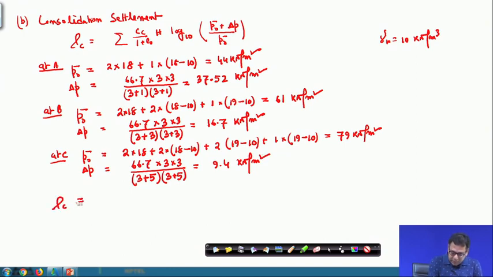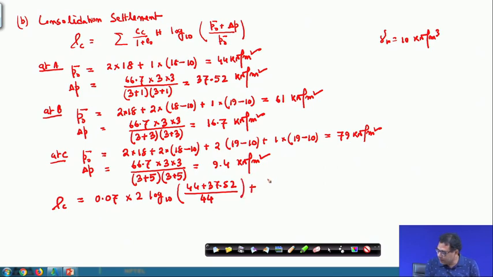So, the settlement value is coming out to be, this is for the first layer, Cc divided by 1 plus e0 is 0.07, thickness of the layer is 2 meter, and this is log10, P0 bar is 44, del P is 37.52 divided by 44.